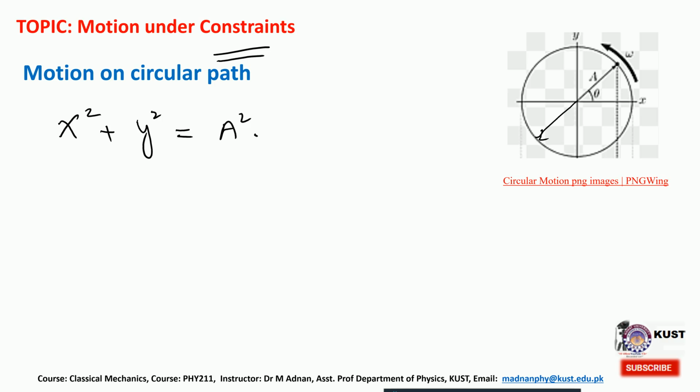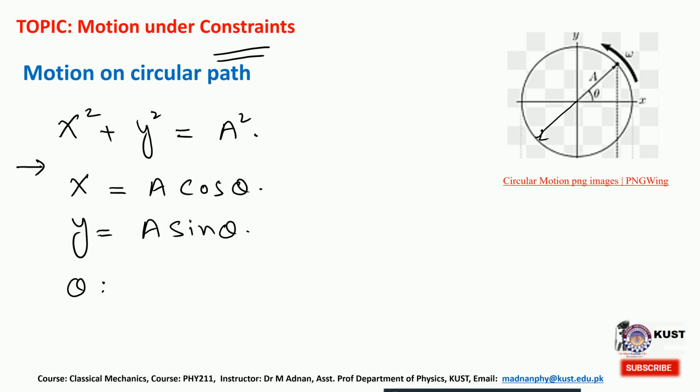Now, from this equation of constraint, we can have x is equal to a cos theta and y is equal to a sin theta. And theta in this case ranges from 0 to 2 pi.